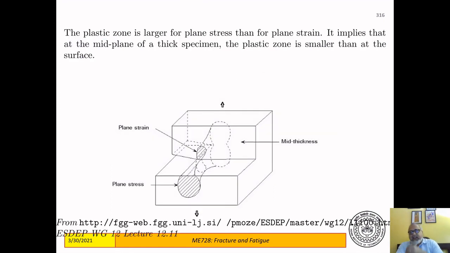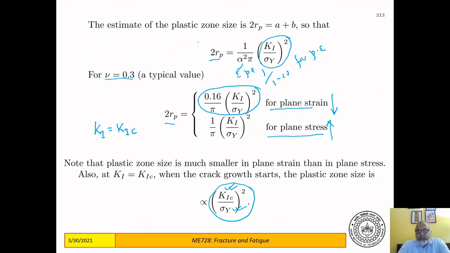Also, from even the simple Irwin estimate, we have seen that the plane strain plastic zone is much smaller than the plane stress plastic zone.